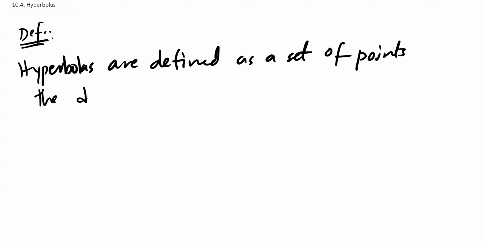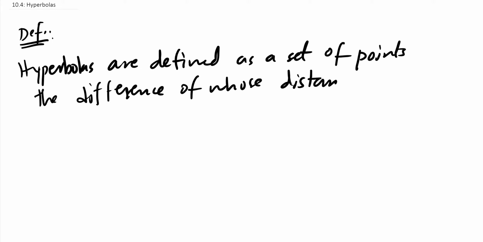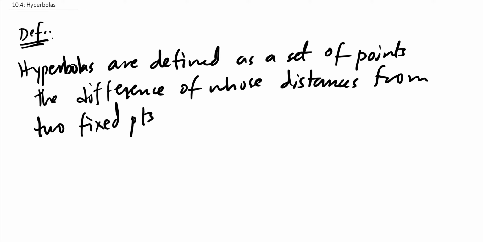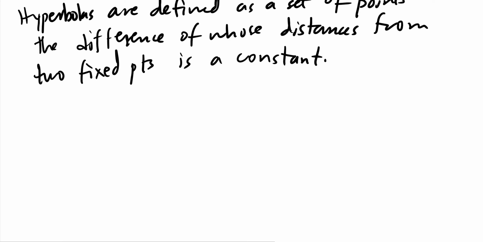The difference of whose distances from two fixed points is a constant. These two fixed points, we call them foci, as we did in ellipses.